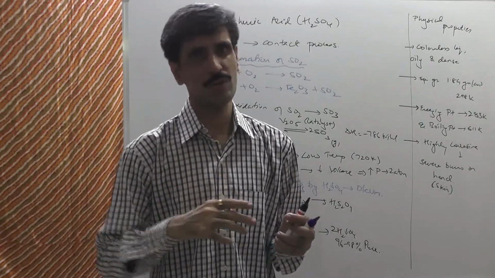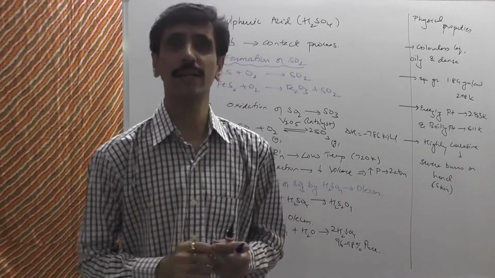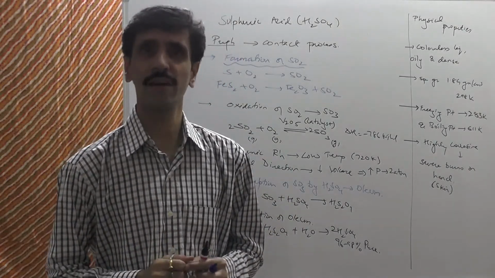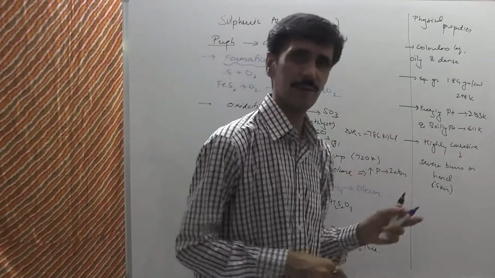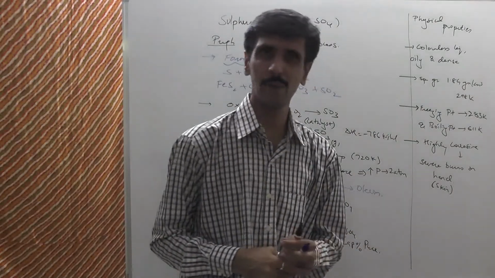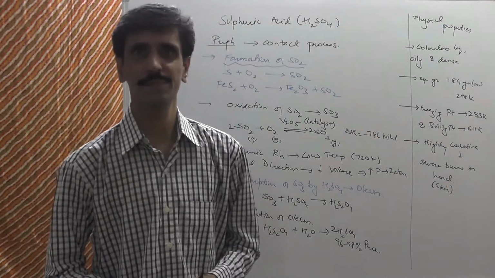Gloves, a face shield and so on, to make sure that you are completely protected from the corrosive action of sulfuric acid. So these are the important points with respect to the physical properties of sulfuric acid. I am sure you have understood.